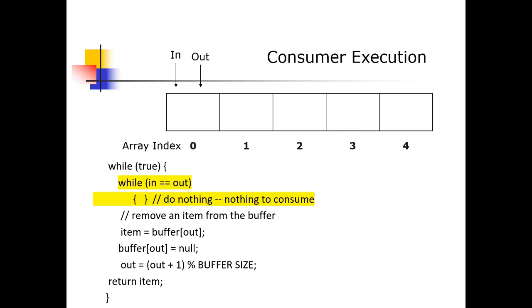If the buffer is empty, then the consumer cannot do anything. Why? Because the buffer is empty. So the consumer will be inside the loop because there's nothing to consume.